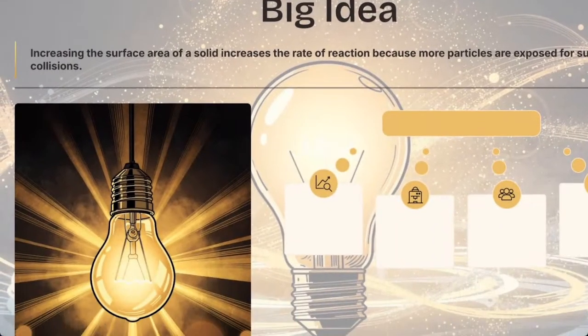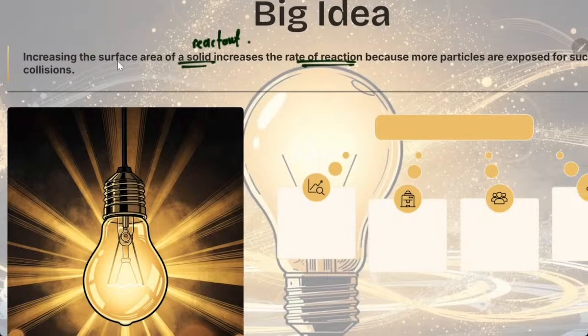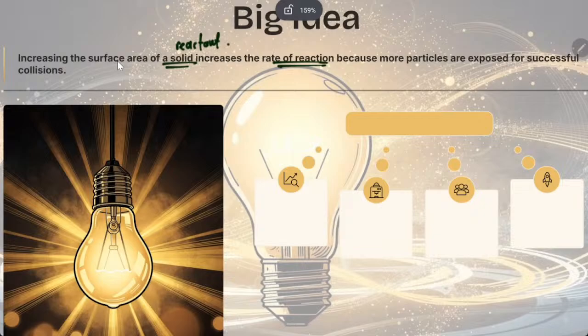Here, look at the big idea. The big idea is this. When you increase the surface area of a solid reactant, we'll see how. But one thing a person must just know, before they know how to increase it, is that when you increase the surface area of a solid reactant, the rate will also increase. Are we together? And here he's telling you it's because of exposure.